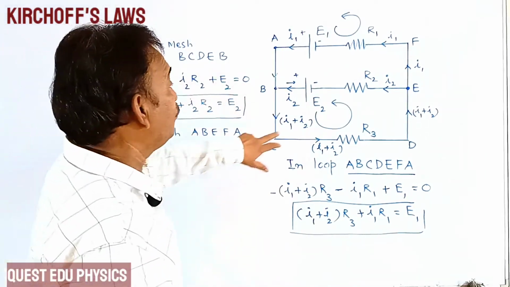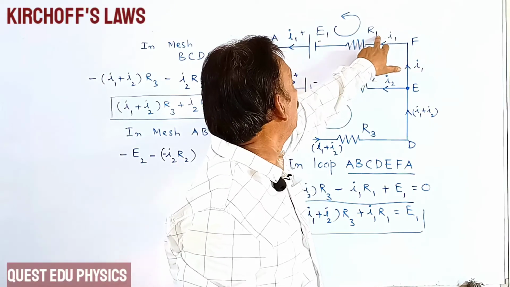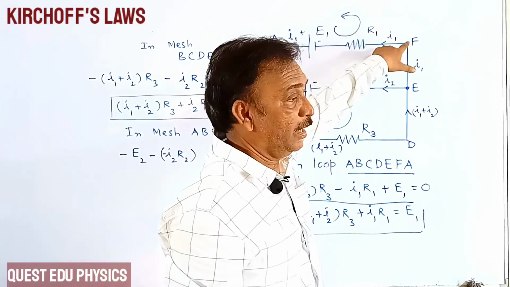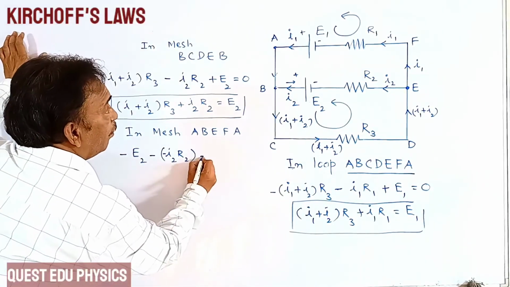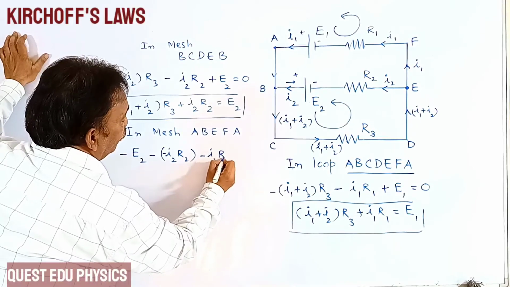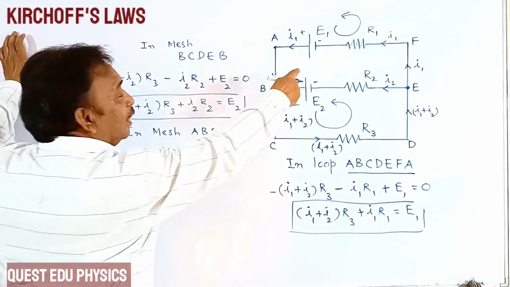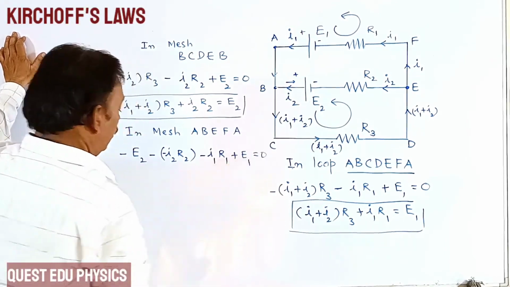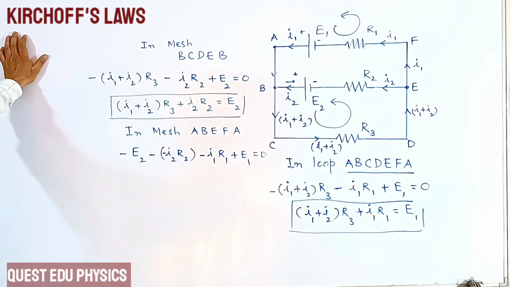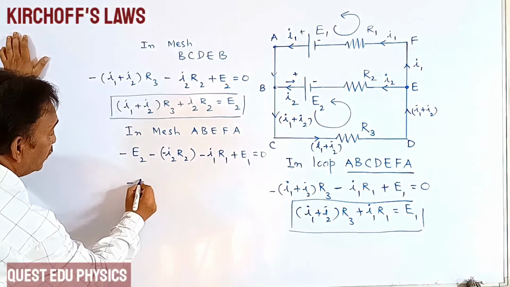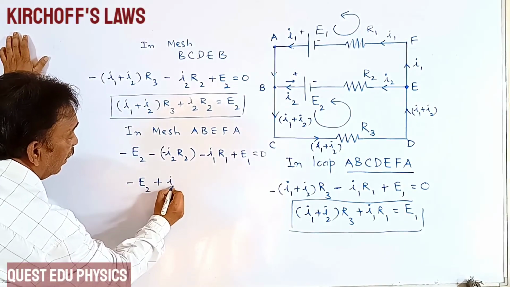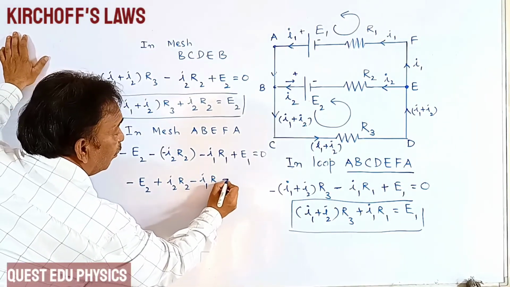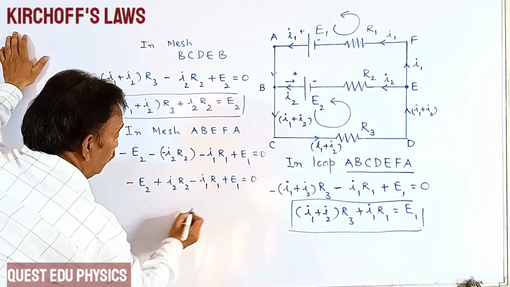Okay, students, then see, we are going in this way. Here we are traveling in the same direction of the current, so minus I1 R1. We are raising, plus E1, equal to 0. Or it can be written as minus E2 plus I2 R2 minus I1 R1 plus E1 is equal to 0.